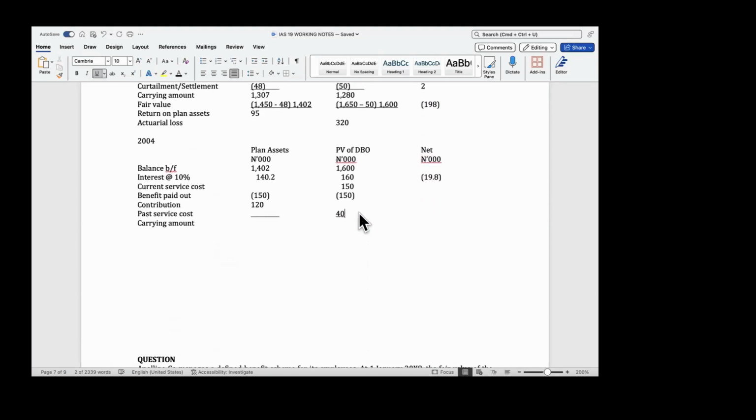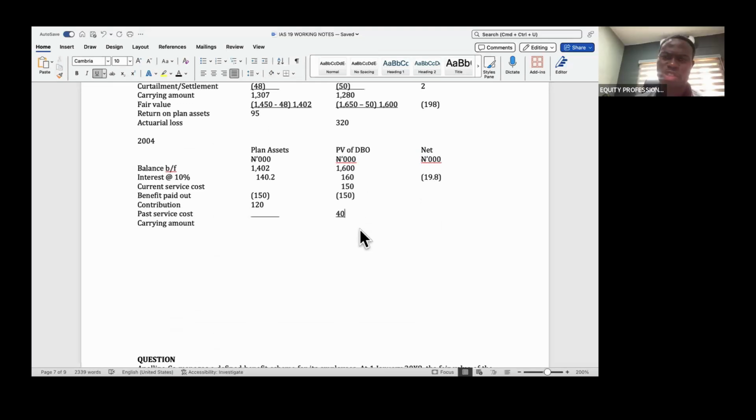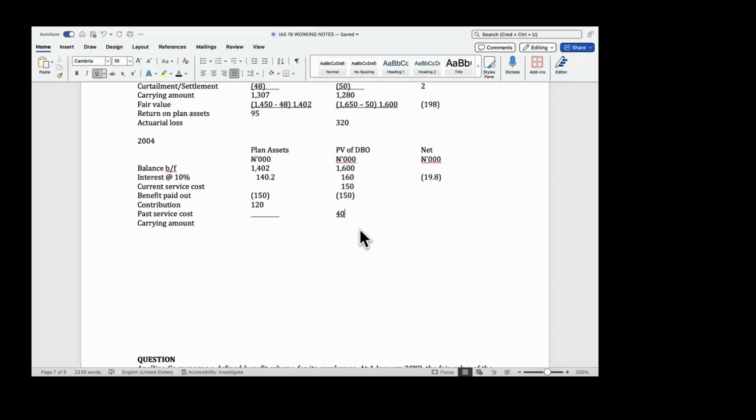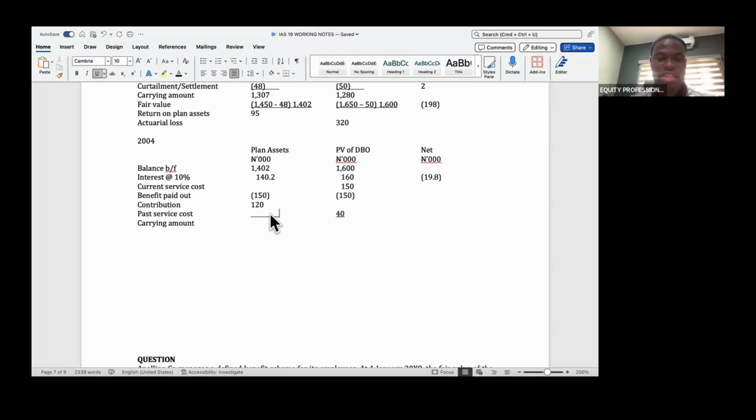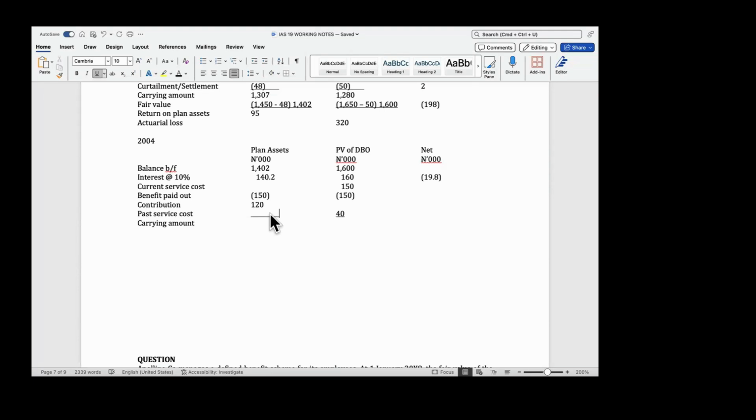And you also asked, how do we identify a curtailment? If a question is given, how do I know that this scenario is a curtailment? It's either they have shut down the division or sold the division and people have to leave. That's a curtailment, like a shutdown or a cancellation of a plan or shutdown of business.